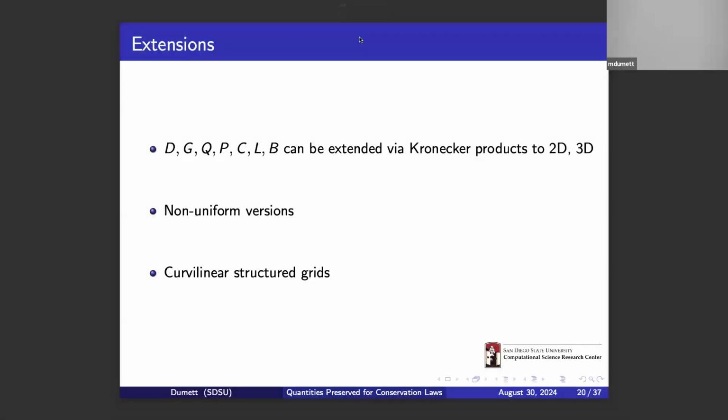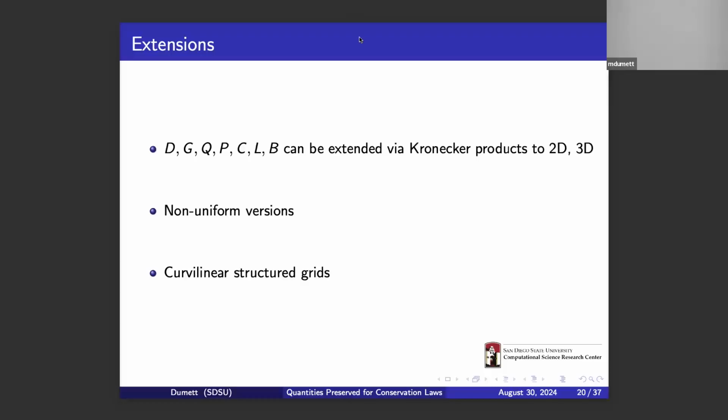Okay. So extensions: we can extend these operators. I haven't mentioned anything about the curl, but the curl can easily be defined in terms of divergence or gradient. The Laplacian is the divergence applied on the gradient, and the boundary operator is constructed in terms of this. So once you get these 4, you get the other 3 automatically.